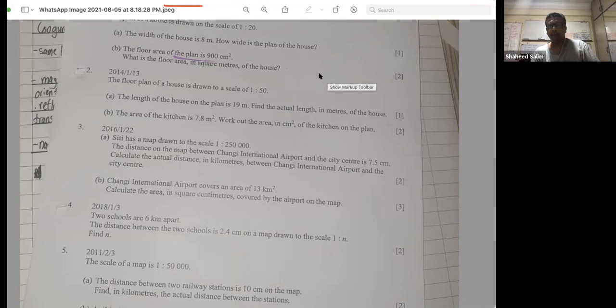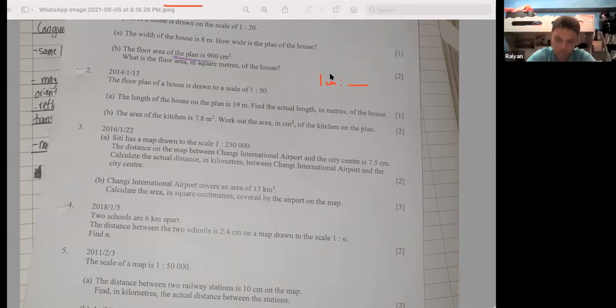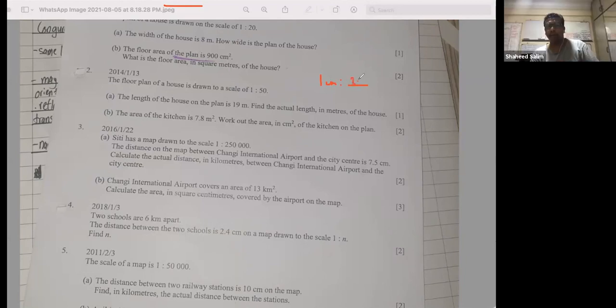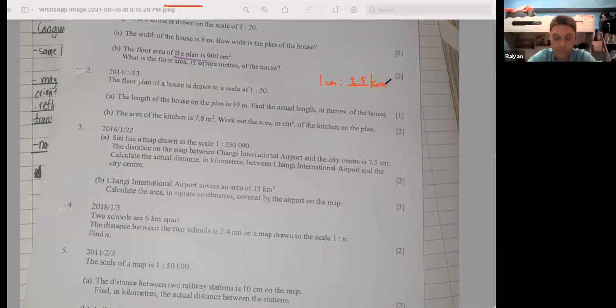Okay, you can start with what you had just now. Just now you said 1 cm to how many km? You remember? 1 cm to... 250. 2.5 or 250, which one? Km, no km. 2.5, sorry. 2.5. Now you square this lah.